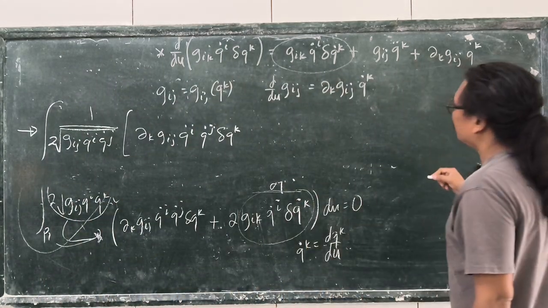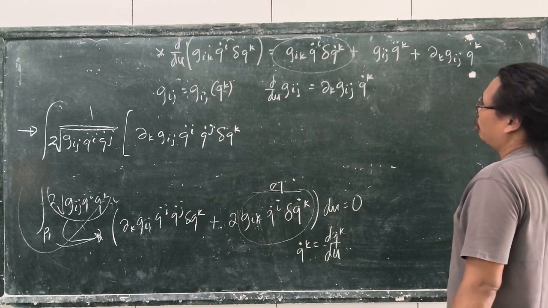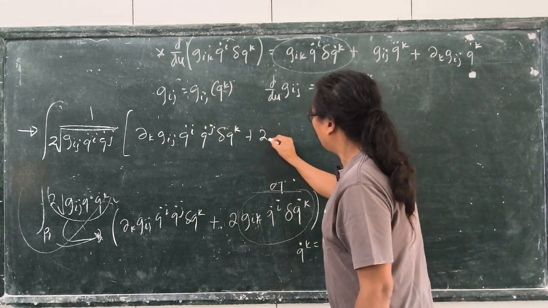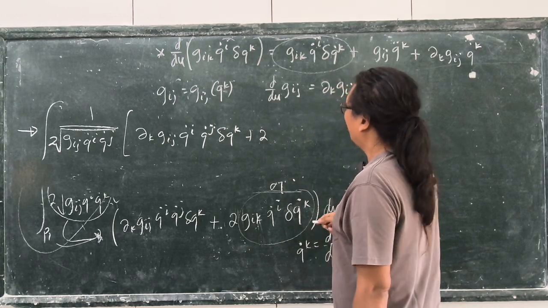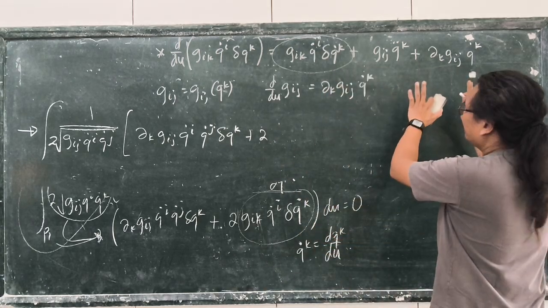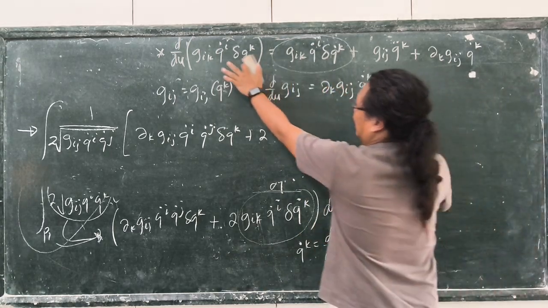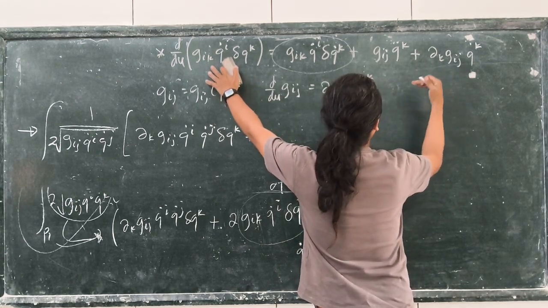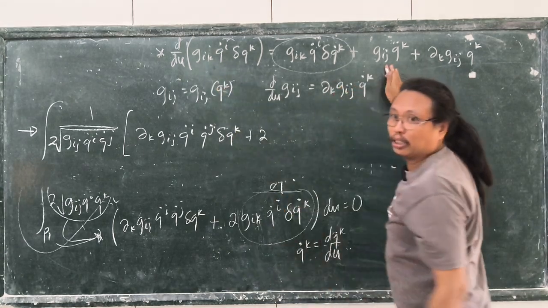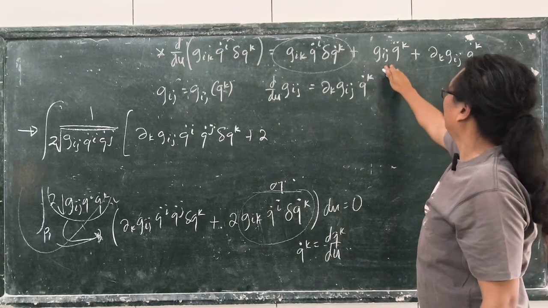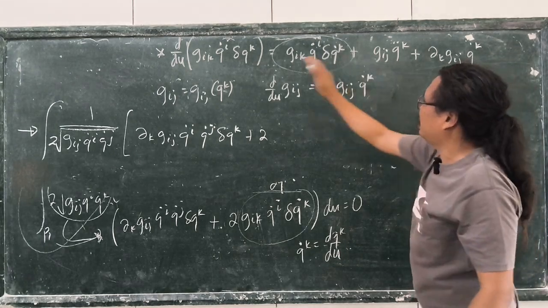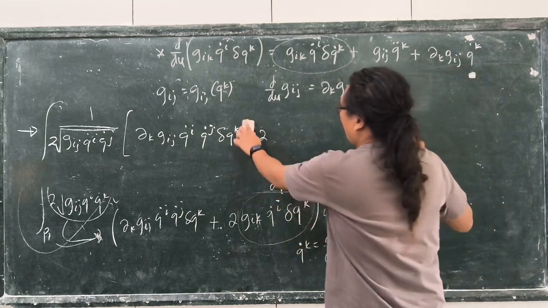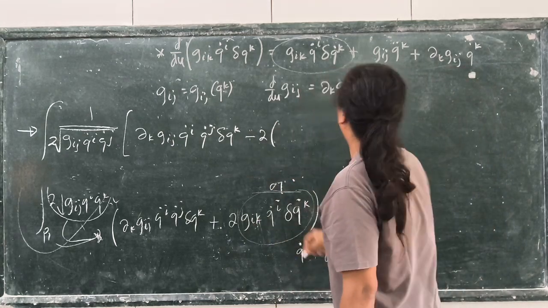And plus 2 times, I will separate this first. So 2 times this minus this, right? That minus this.